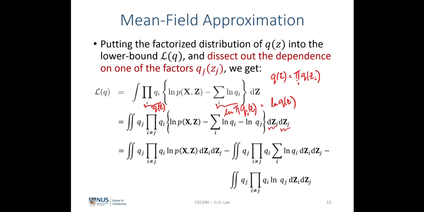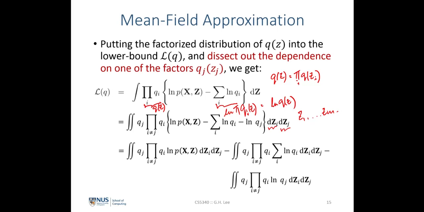So what this means is that zj represents one of the particular disjoint sets in the mean field approximation of z that we have seen earlier. So here zj might be any one of these disjoint sets of the random variables, and zi would simply represent all the other disjoint sets except for the zj that we have identified.